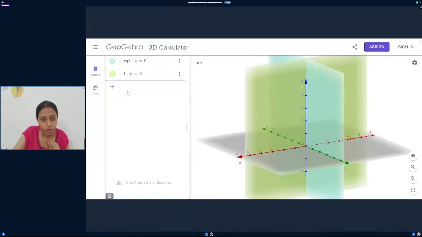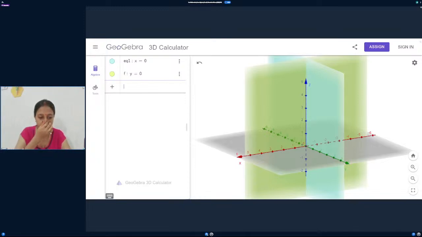Now let me draw a plane. If I represent a plane in 2 dimensions, I can represent it by any quadrilateral basically, a rectangle, square, or anything. But in general, you know that it is of infinite area. From all the sides it is extended to infinity.